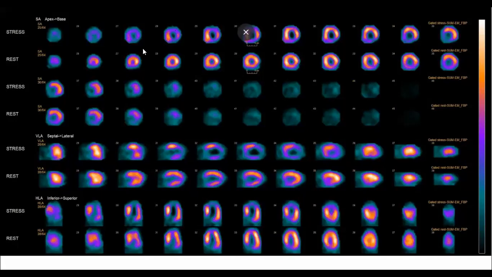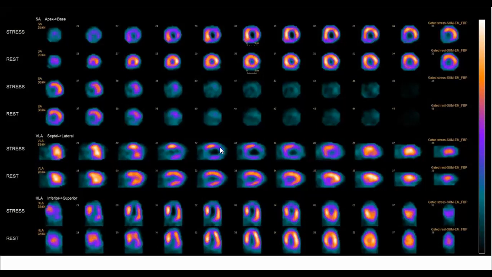All right, so there is a defect, and this defect is reversible as well. Starting with the location of the defect, this is the apical area, starting from anterior here. The defect is present in the apical anterior, apical septal, inferior as well, and lateral. We have to confirm these defects here as well.